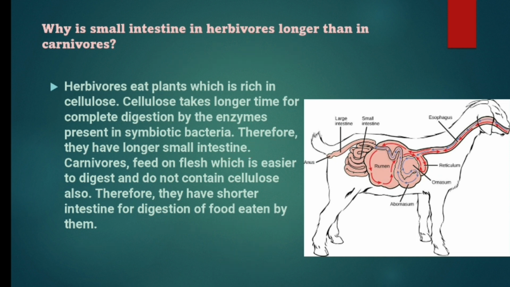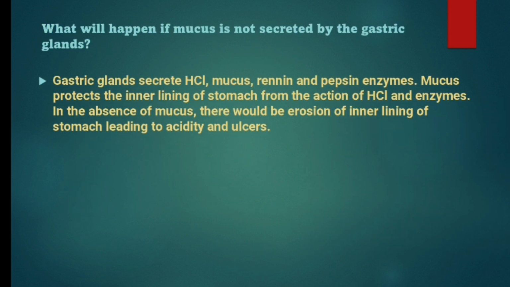Now, what will happen if mucus is not secreted by the gastric glands? Like I told you, the gastric glands, or the glands present in the stomach, secrete HCl, then pepsin and mucus.